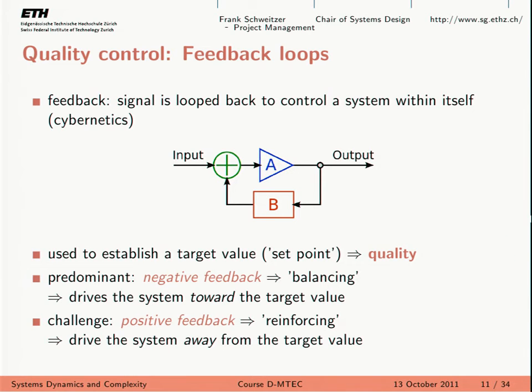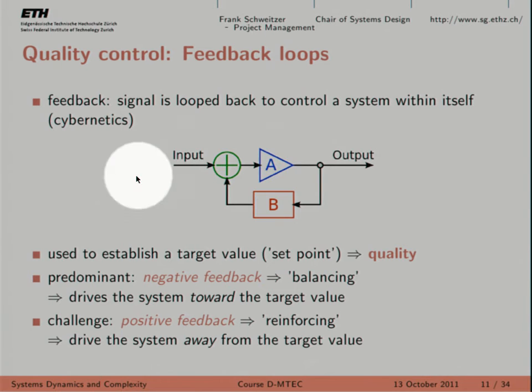But a feedback loop is a very simple concept. You have a certain input which goes to your system. You take some of the output, say you take your milestone, and you compare it to something that you expected. If this is not what you expected, you change your input, right?